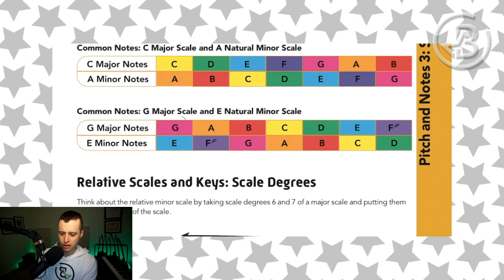Sure enough, G to G, A to A, B, B, C, C, D, D, E, whoop, going backwards, E, F, whoop, going backwards, F sharp to F sharp. It's all the same exact notes. It's just in a different order. And that's how we get the connection between the relative major and the relative natural minor scales.